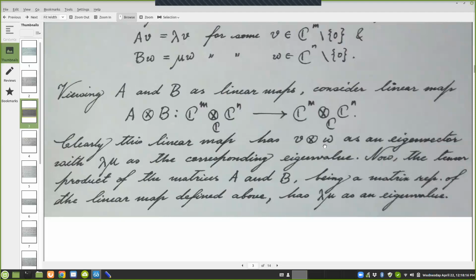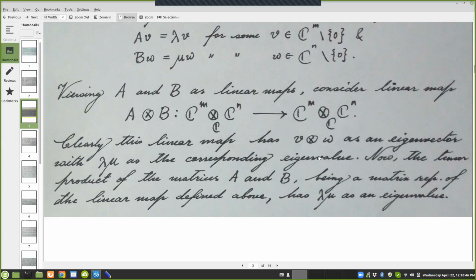So when you take the tensor product and expand it with respect to the basis e_i tensor e_j, you will see that two non-zero coefficients get multiplied, and yield another non-zero coefficient attached with the basis vector. Thus it turns out to be non-zero. So this linear map has v tensor w as an eigenvector with eigenvalue lambda mu.